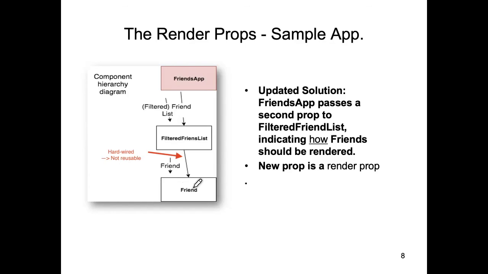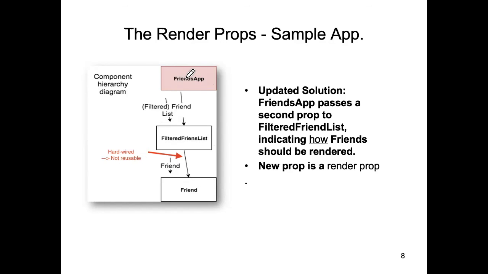It's not dynamic. So on the right, in order to achieve what we saw on the previous slide, I need to change. I can live with this overall high-level architecture. That's still okay. But what we need to change is we need to make the way friend is rendered dynamic as opposed to static.